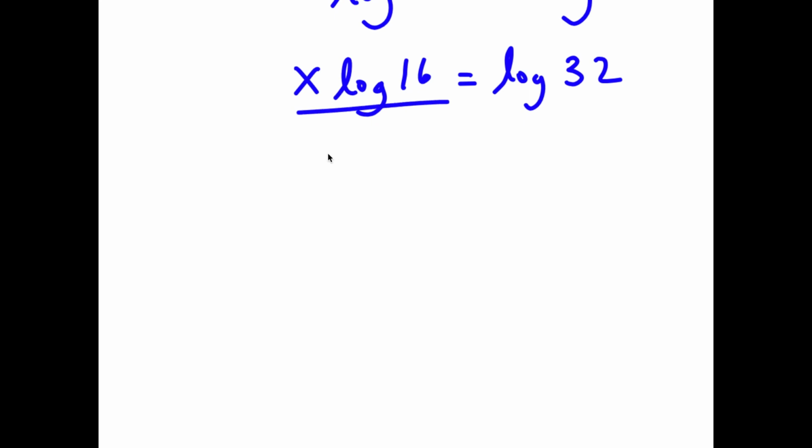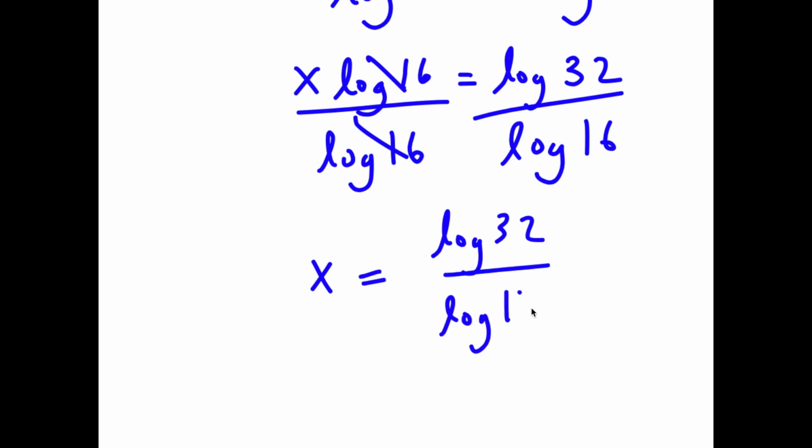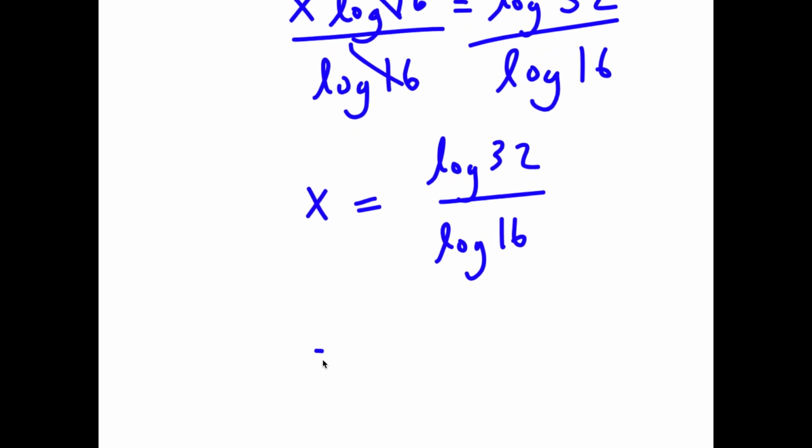Now I'm going to divide both sides by log 16. So these two cancel out, and I have x is equal to log 32 over log 16. Now log 32, that's the same thing as log 2 to the power of 5.